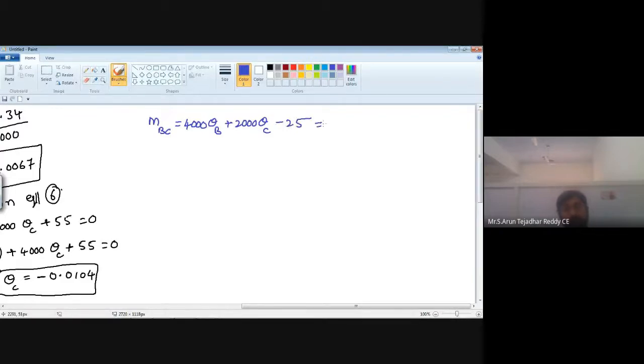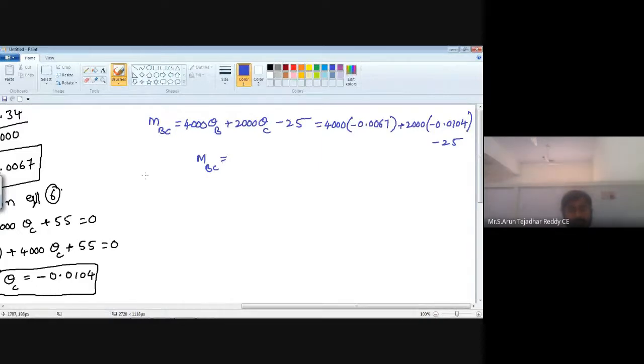Now 4000 theta B is minus 0.0067, plus 2000 into theta C. Theta C is minus 0.0104, minus 25.